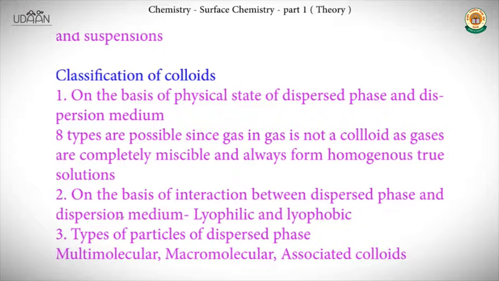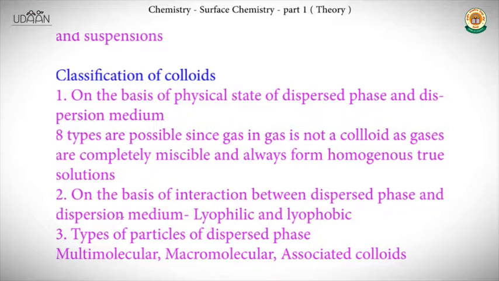Like if the medium is gas, there can be liquid-gas colloids, there can be gas-solid colloids. There should be 9 possible cases. But gas and gas is always soluble. So gas and gas is a true solution. So there are 8 types of colloids possible if you talk about this kind of classification. So you mean to say that gas plus gas is always homogeneous? Always homogeneous. They will always form true solutions.